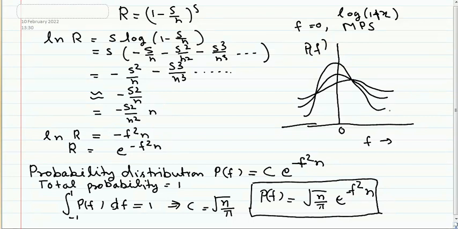And then this curve is for the larger number of particles, let us say 10 to the power 10 particles, N is equal to 10 to the power 10. And here it is N is equal to 10 to the power 8. And here it is N is equal to 10 to the power 6. So this is the distribution function.